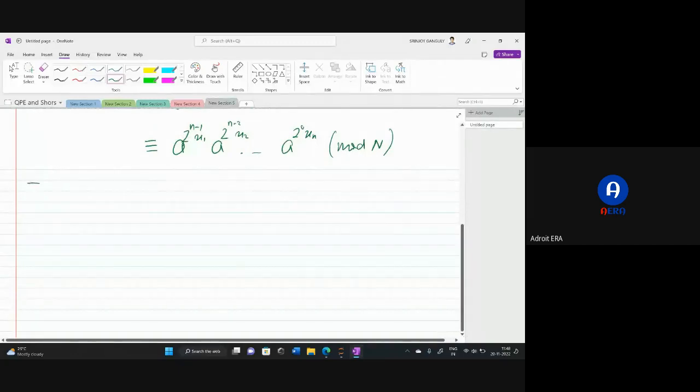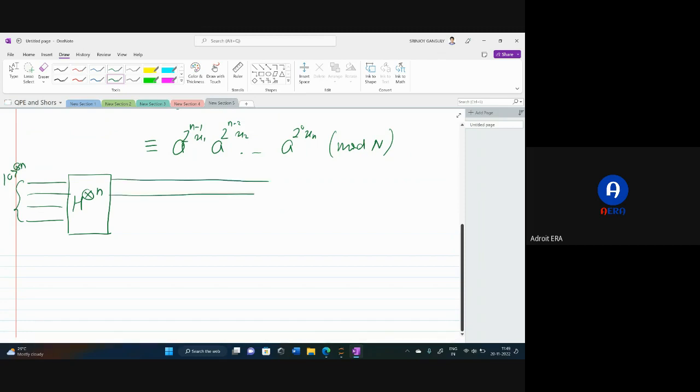for Shor's algorithm is given as follows, where you have all the Hadamards here, Hadamard tensored n, where all these start with 0 tensored n. And then from each of those we apply the unitaries, right?